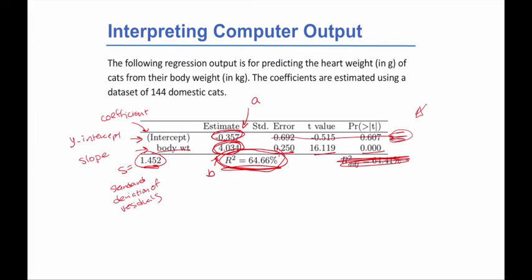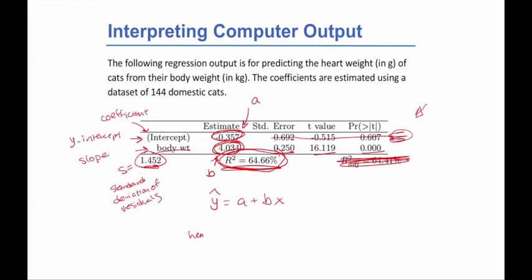So if we were trying to find the LSRL for this, the LSRL, right, is y hat equals A plus BX. Our y value, we are predicting the heart weight of cats.